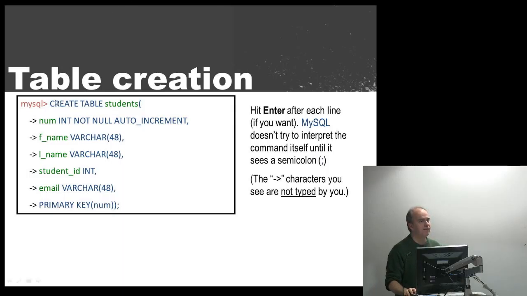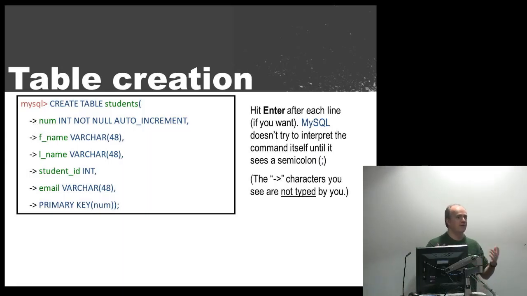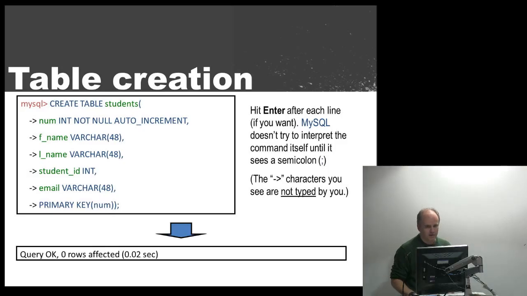Again, when we are using this command window type environment, each time you press enter, you get this character which appears. You don't have to type it. It will not be part of your query, it's just telling you you're on a new line. And each time you send a query, you will get some kind of feedback.